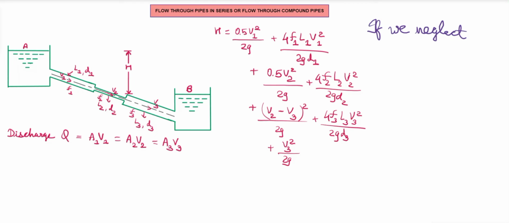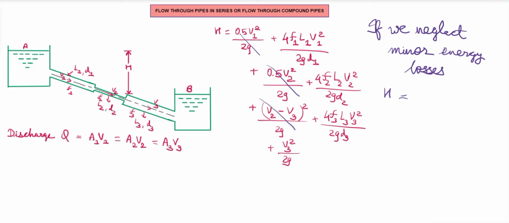Now, one thing we are doing here is neglecting the minor energy losses. We are just considering the major energy losses, and from that we'll write the equation for the total head loss.